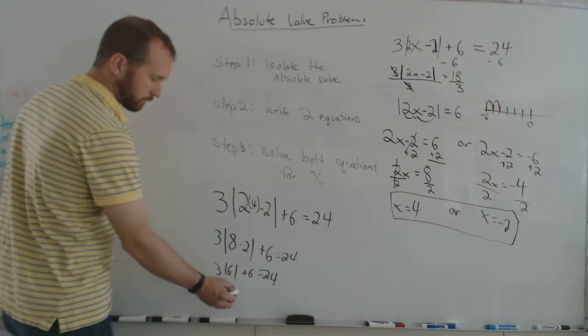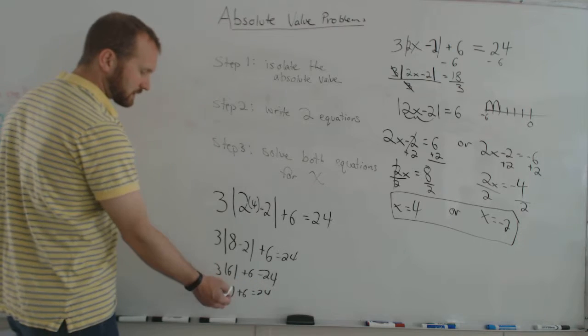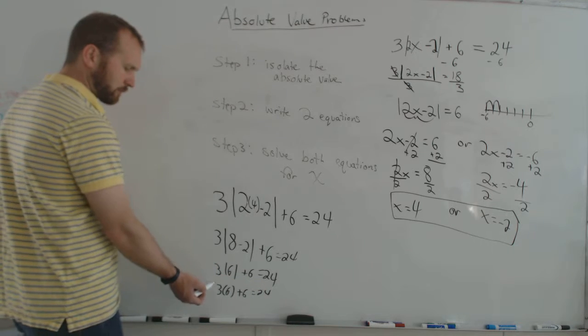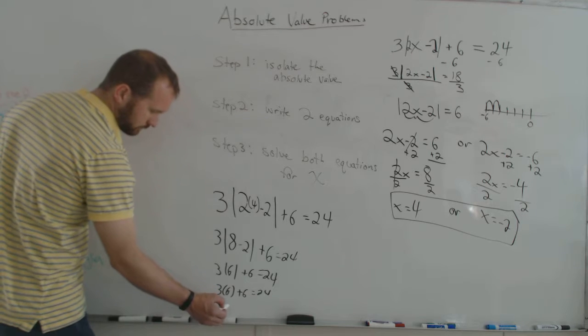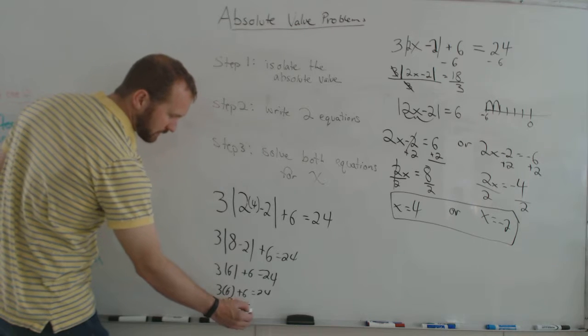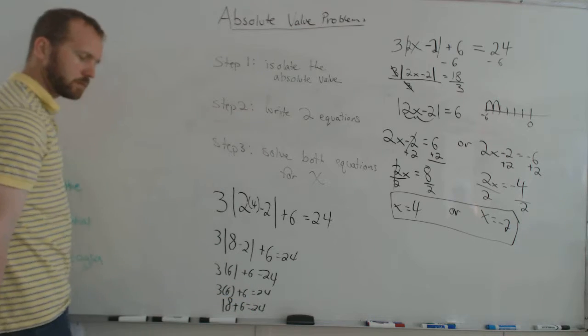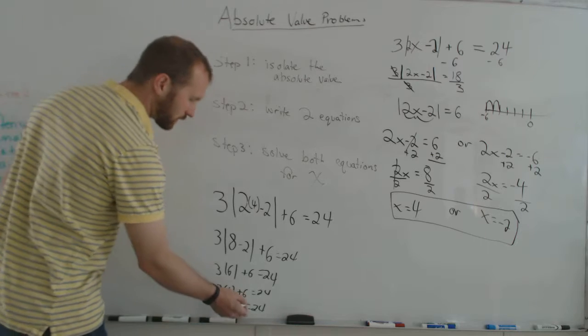Because it's how far it is from 0. So 3 times 6 plus 6 equals 24. What is 3 times 6? 18. 18 plus 6 equals 24. Is that true? Yeah. 18, 19, 20, 21, 22, 23, 24. It is true. So this one checked out.